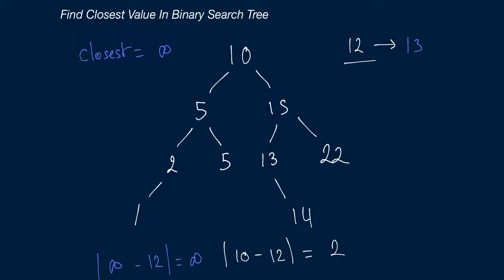That seems obvious, but to put it in different words, the current node that we're at has a value closer to 12 than our current closest node is to 12. And so because of that, we can update this closest here to be 10 now, because 10 is the new closest value to 12. So now we can erase what we computed.